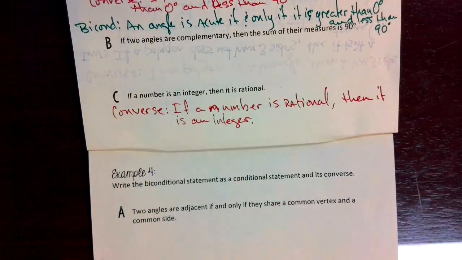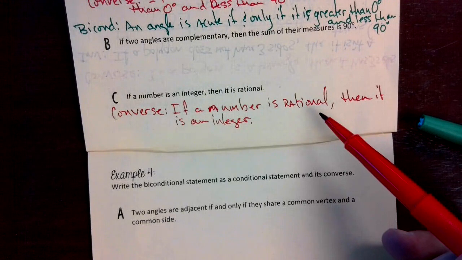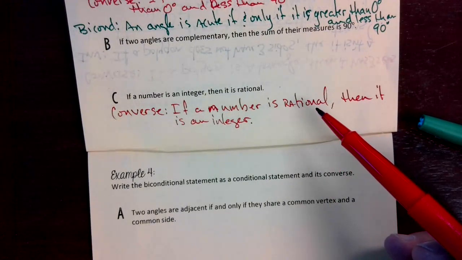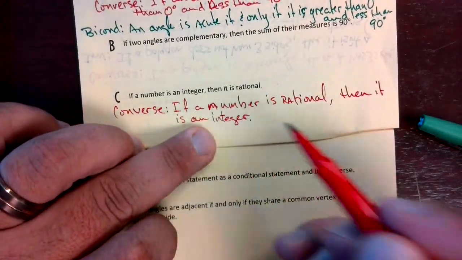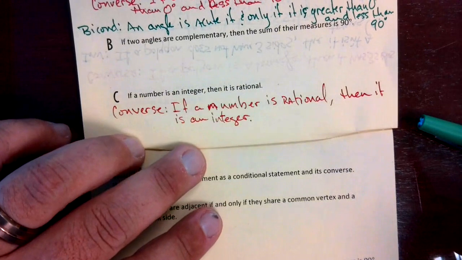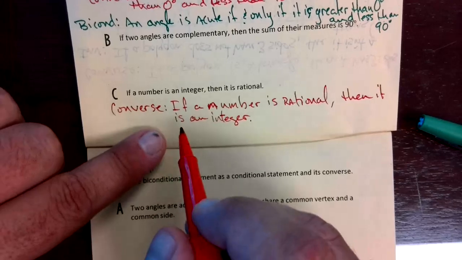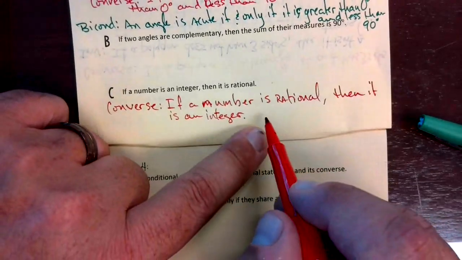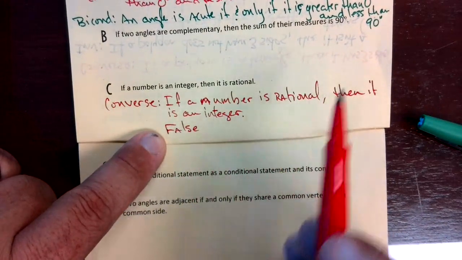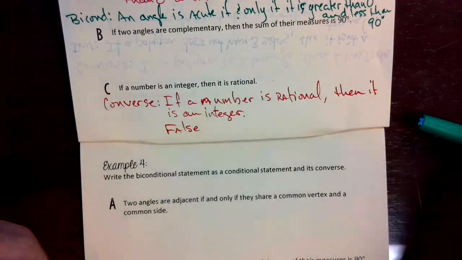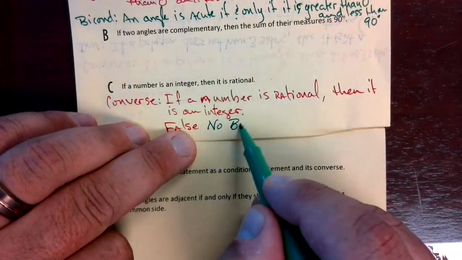Now, when I do this, reminding of rational numbers, any number that can be a fraction or a decimal that terminates or repeats, that's what a rational is. And integers, well, integers are the nice numbers. They're things like -2 and -1 and 0 and 1 and 2 and on and on. This is a false statement. Since there's a false statement, what that means is there is no biconditional.